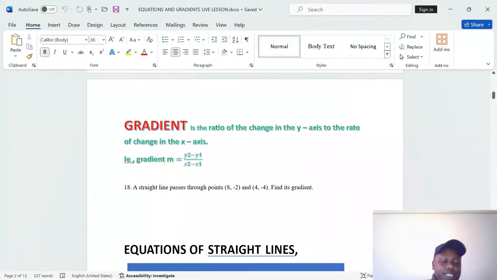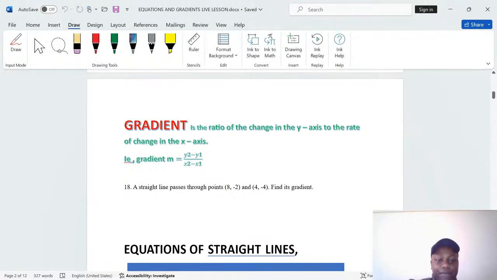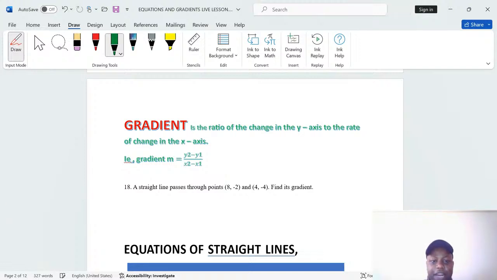In simpler terms, the gradient m of a given line is calculated by taking the first y and the second y, then we subtract, divided by the change in x, that is the second x coordinate minus the first x coordinate. That will give us the gradient. But it's good I make it clear that the order in which we subtract these coordinates is not fixed.